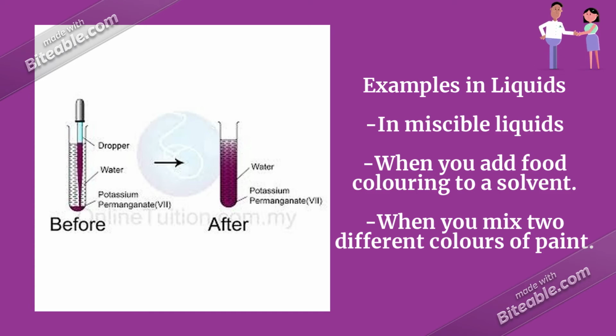When you mix two different things, they will mix. However, at the very end, they will reach a state of equilibrium, which means the solvent or the gas has evenly mixed. That's why in this case, after mixing potassium manganate, the water is now fully purple, which means it has evenly spread out, and diffusion has occurred.